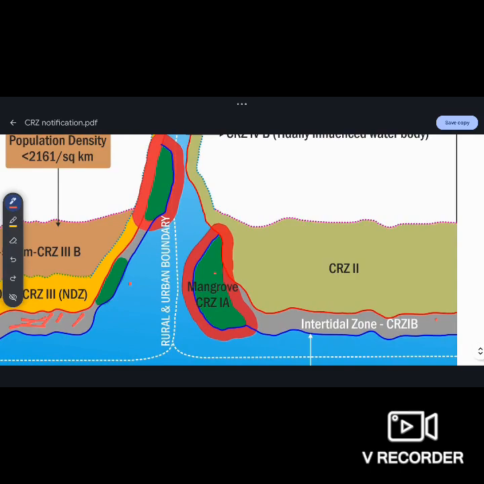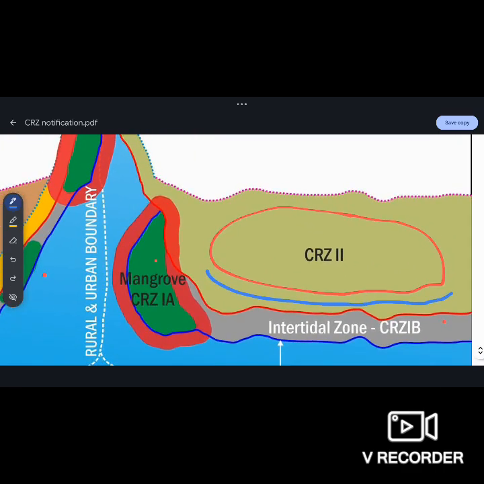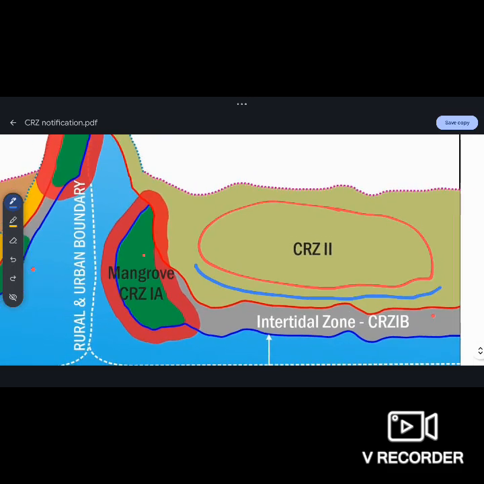Those urban centers which have already been inhabited by people and which share their coast with the sea come under this category. Let's see, this is an urban center and a coastal road has been constructed along this coastline, and this construction was already done before the notification of 2019.